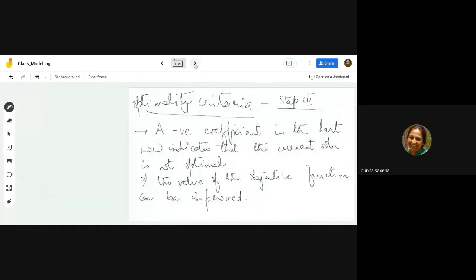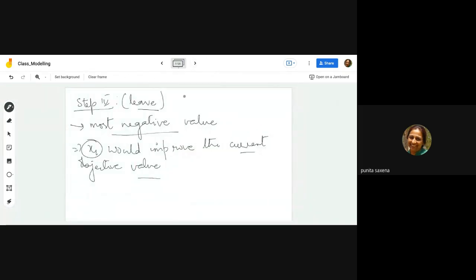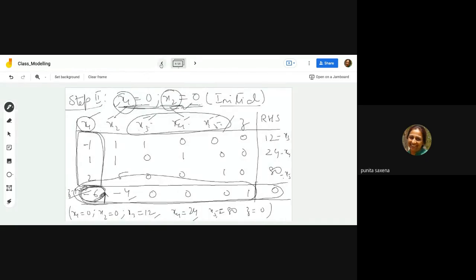So this step 4 is the criteria for the exiting variable, which variable is leaving or becoming non-zero. Step number 5 will be your entering criteria, which variable will enter. For this, we compute ratios corresponding to this column and this column.